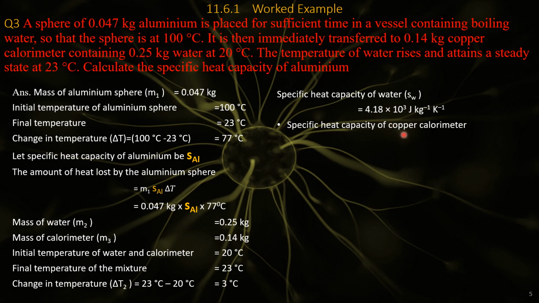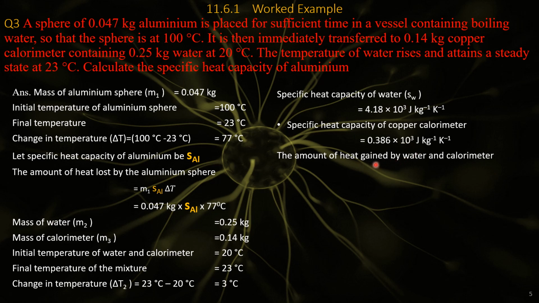Specific heat capacity of the copper calorimeter: that also we have to note, it is 0.386 into 10 to the power of 3 joules per kg per Kelvin. This is also given in the table shown in the previous table.